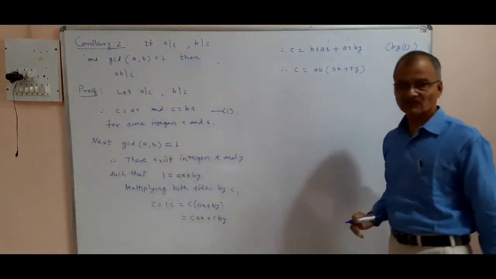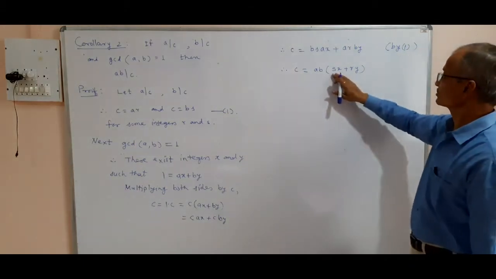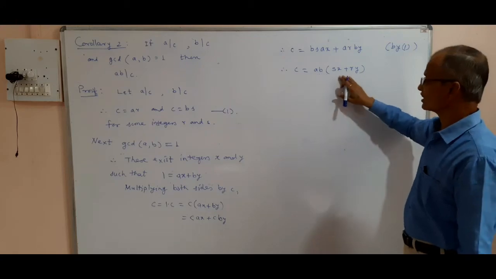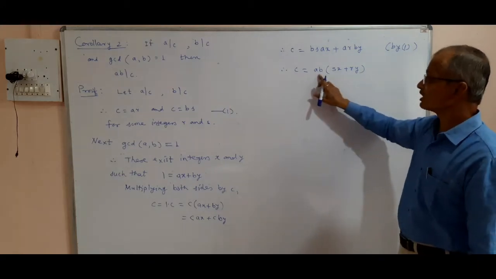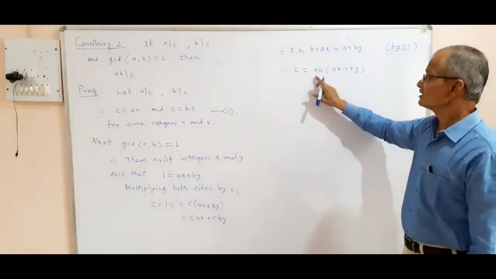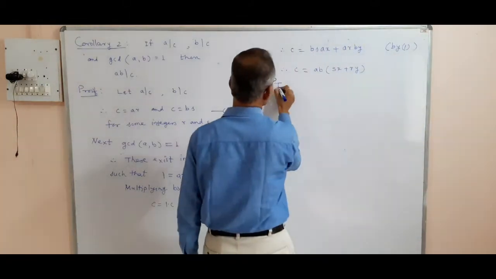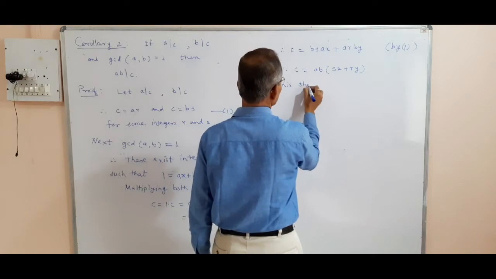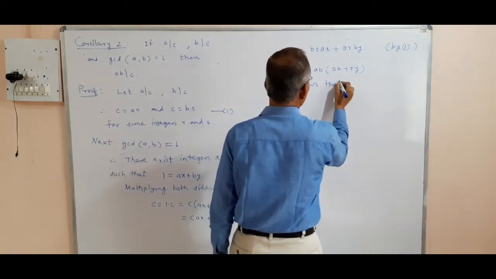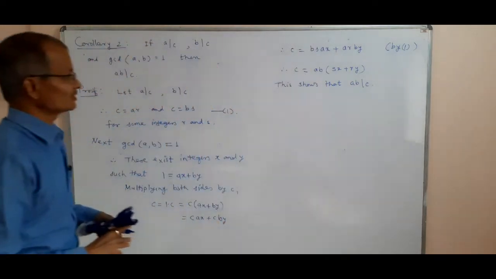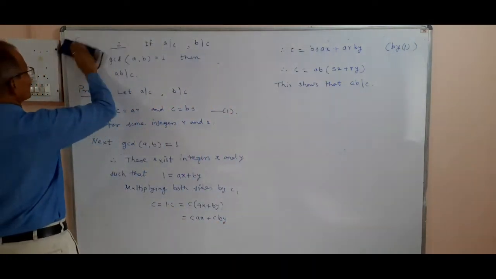A, B, X, Y, S, R are integers, so this is an integer, and the C is written as AB into some integer, means C is a multiple of AB, and C is a multiple of AB means AB divides C. This shows that AB divides C. So this proves the second problem.